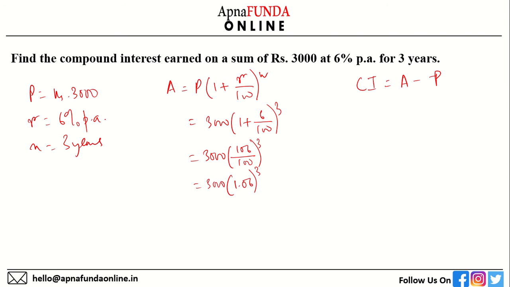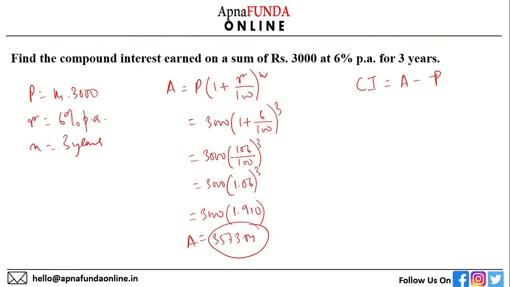I feel that I'll keep it as simple and easy as possible, so that it does not become difficult for me when I multiply. So 3000 into this becomes 1.910. So this will become 3573.04.